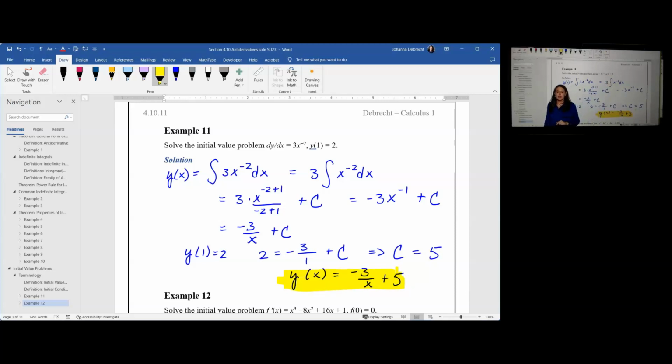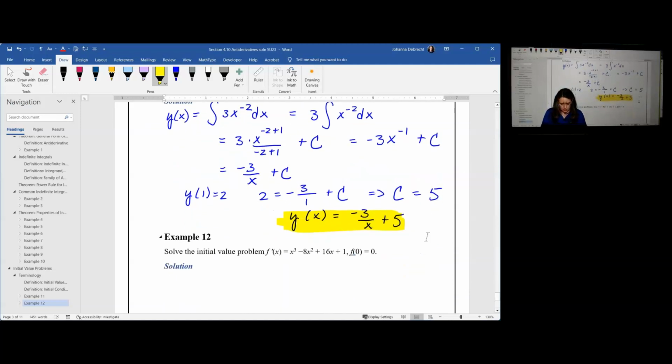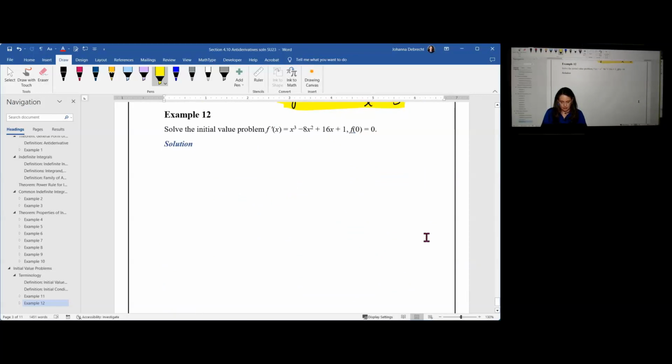In this way, if we're given the acceleration function and something about the velocity, we can find the exact velocity function. And if we're given velocity and something about position, we can find the exact position function. Let's use this method to solve the problem in example 12.